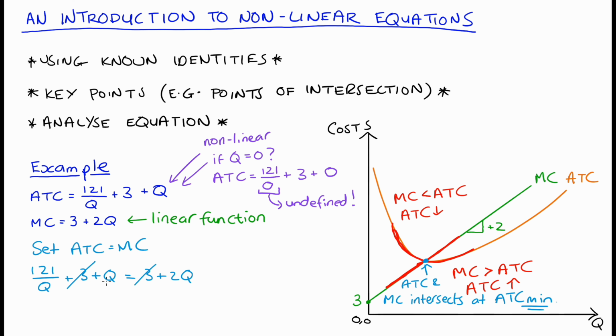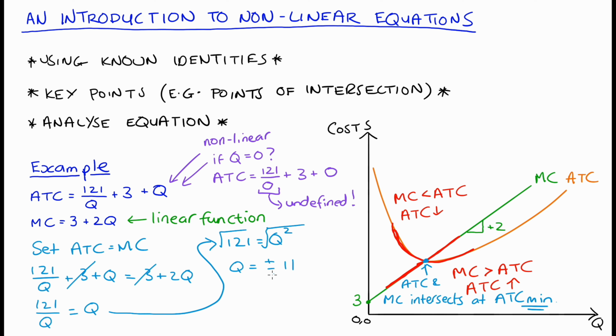I can take away Q from both sides, and I get 121 over Q is equal to 2Q minus Q, which is Q. I can multiply both sides by Q, and I get 121 is equal to Q squared. I can take the square root of both sides, and so Q will be equal to plus or minus 11, but we only take the positive value because we're only taking quantity to be positive in this application.